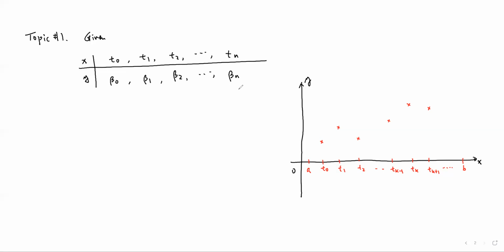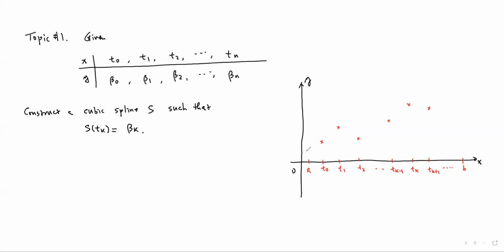Now, what I want to do, I want to construct a cubic spline S such that S at tk is equal to beta k.